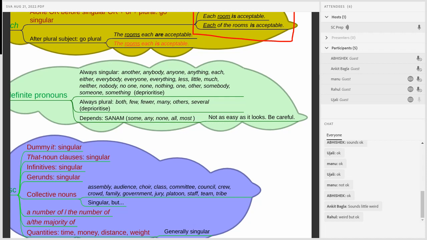Now, let me help you understand what we're looking at over here. We're looking at a small group of words called the Sanam pronouns. And you can see why they're called Sanam. It's some, any, none, all, and most. Now, the point over here is that with these words, like with some, let me just put up a sentence.